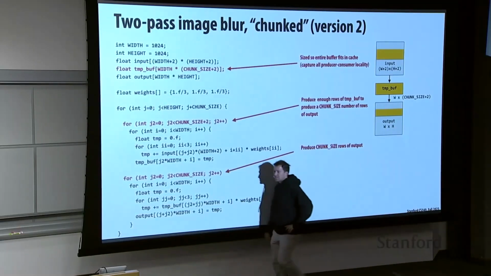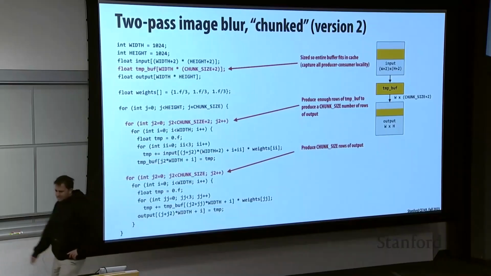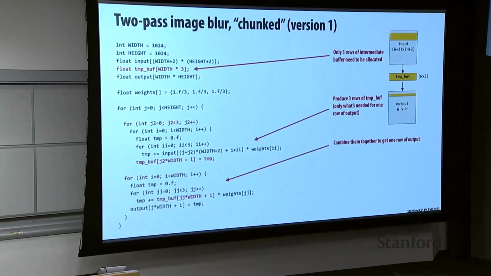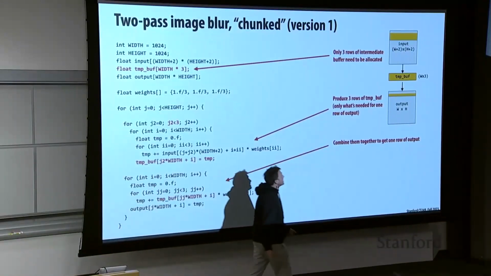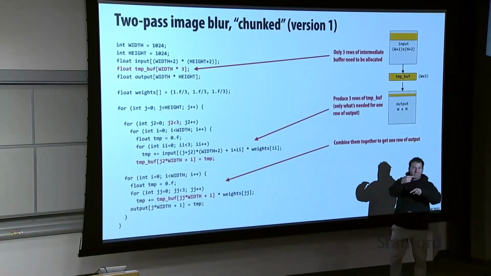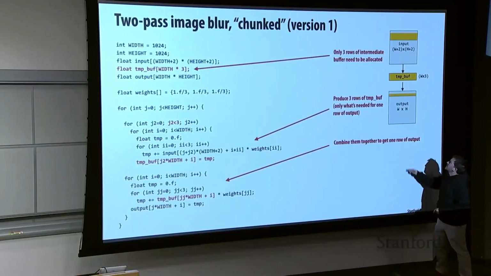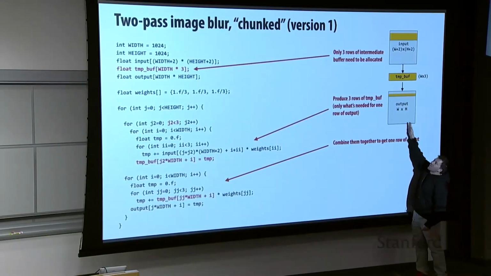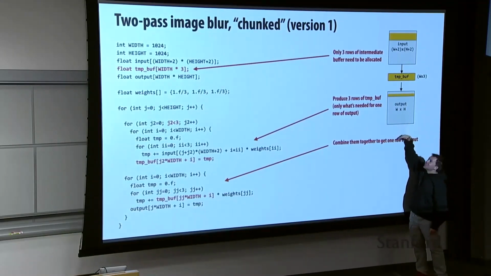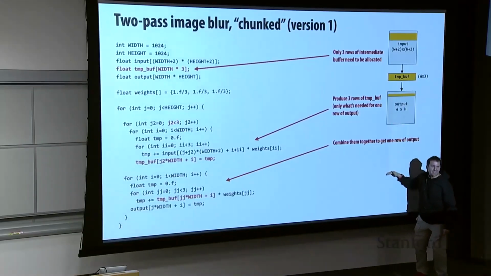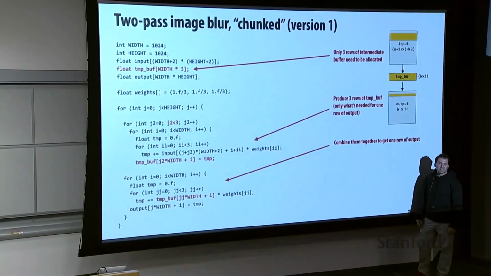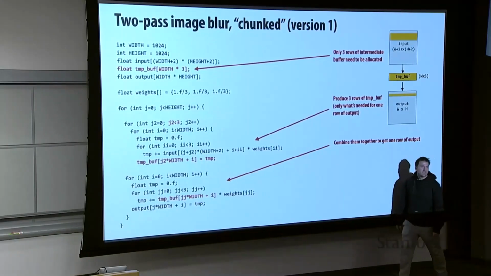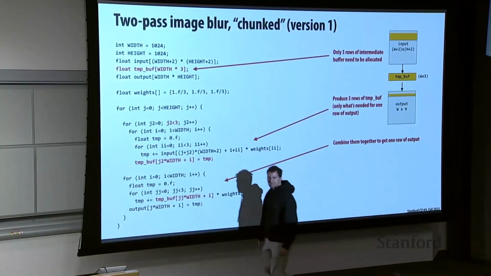I could have gone back to this algorithm where there's only a single temp buffer of a few rows, and I could have taken your idea of just sliding window the thing, and then I'll get my parallelism by chunking the output into columns. So I'm just going to slide down every column, hope that I have enough parallelism across my chunks, and that's another way to do it. So there's a couple of different ways you could do it.